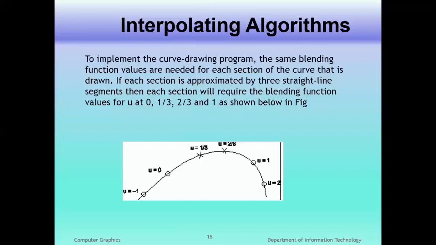To implement the curve drawing program, the same blending function values are needed for each section of the curve that is drawn. If each section is approximated by 3 straight line segments, then each section will require the blending function values for u at 0, 1/3, 2/3, and 1, as shown in the figure.